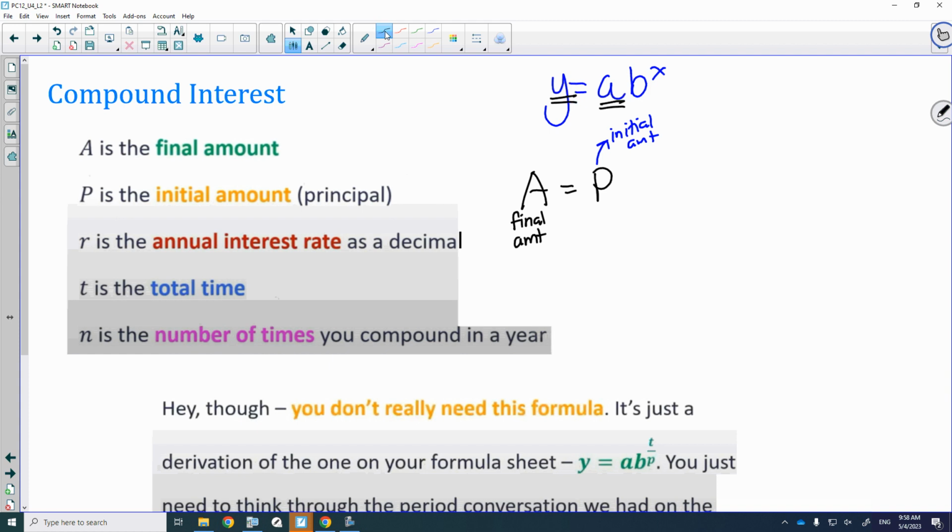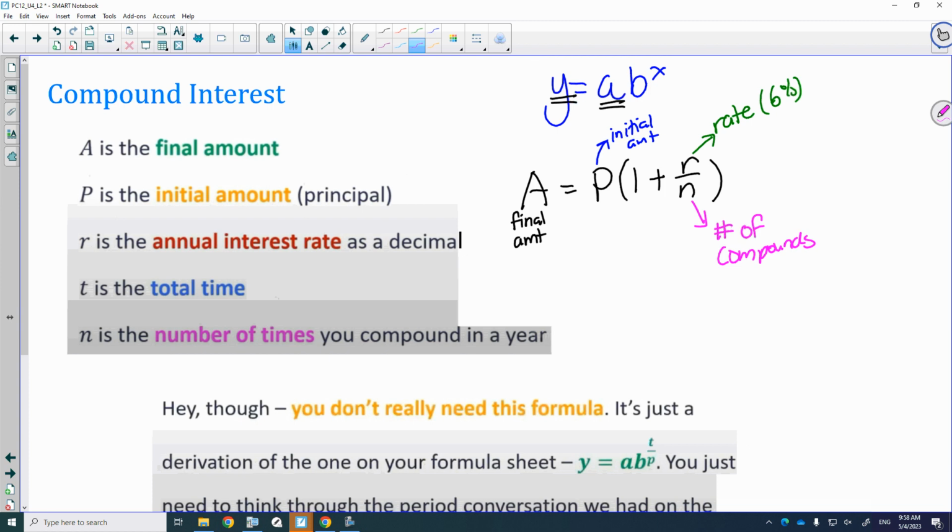Then the b value is where we have to do a bit of work. Now remember that interest is always growth. We're always getting plus from our 100%. So 100% is 1 plus, and then it's going to be r over n. Okay, so r is our rate, for example, 6%. And then n is the number of compounds.